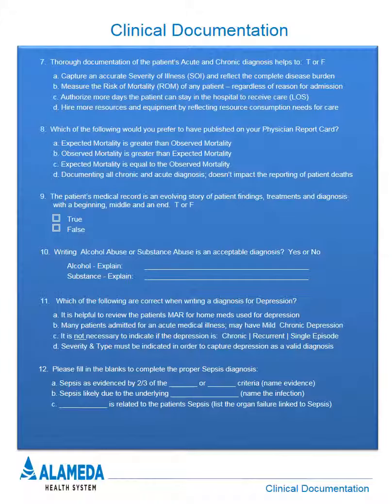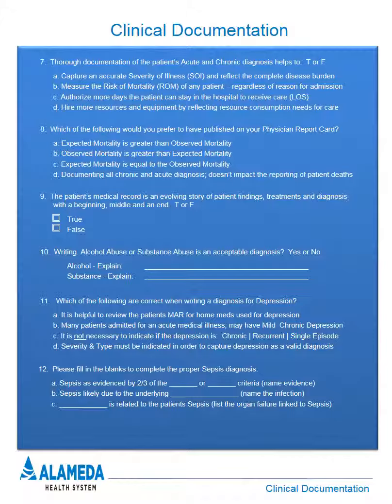By documenting the acute and chronic diagnosis, it helps to authorize more days the patient can stay in the hospital to receive care, so to extend their length of stay. True or false? That's true. And finally, by thorough documentation of the acute and chronic diagnosis, it helps to hire more resources and equipment by reflecting the resource consumption needs for that care.